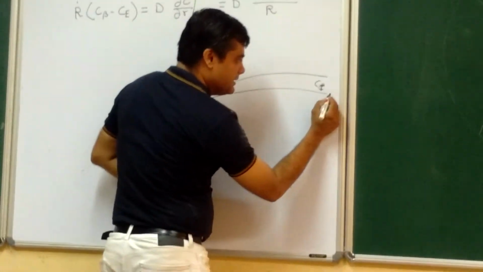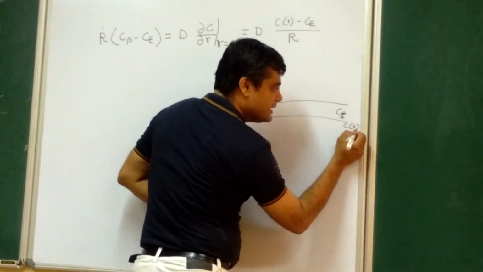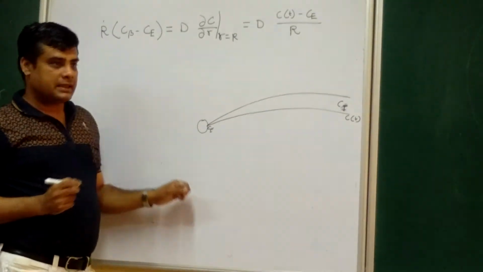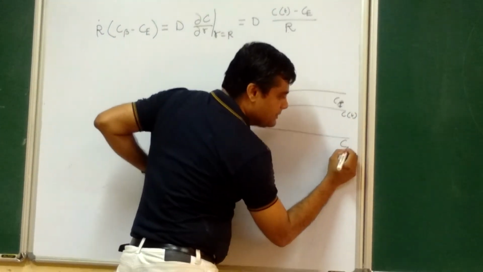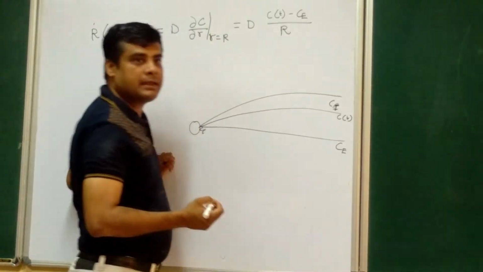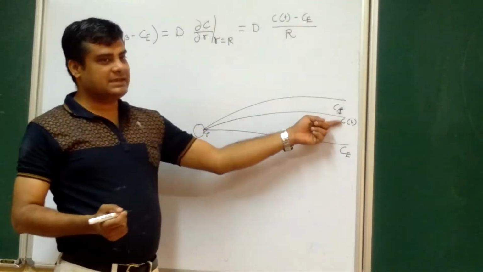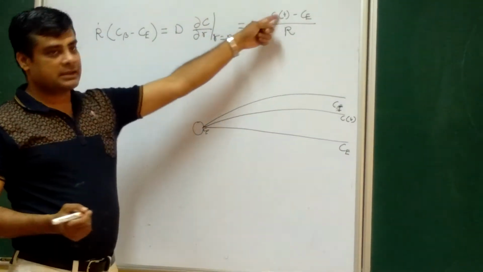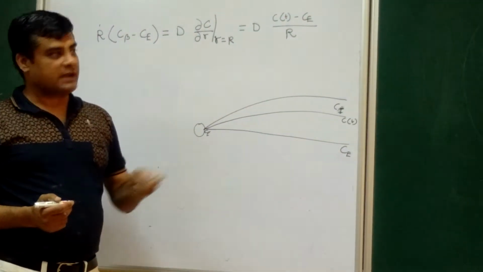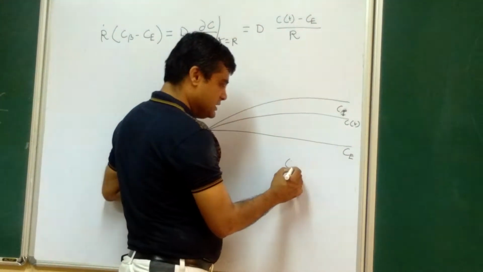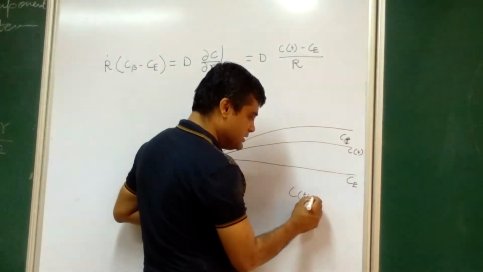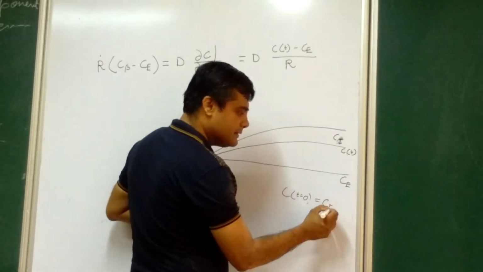After a certain time it is Ct, after a long time it is Ce. So at any point of time it is Ct, that is what we are taking. At the very beginning, at t equal to 0, C at t equal to 0 is nothing but Ci.